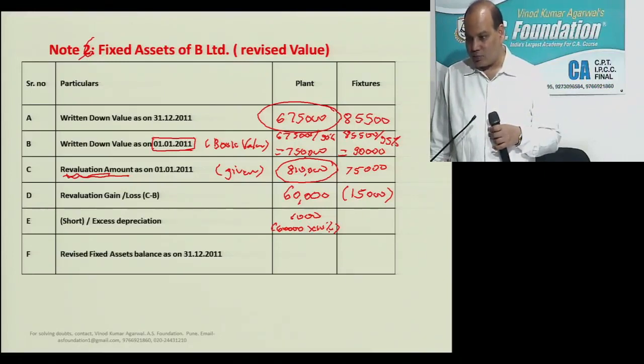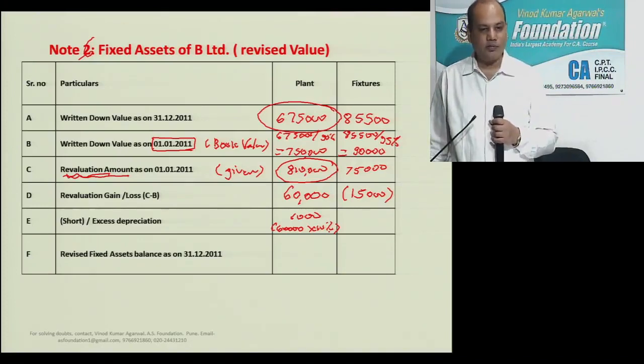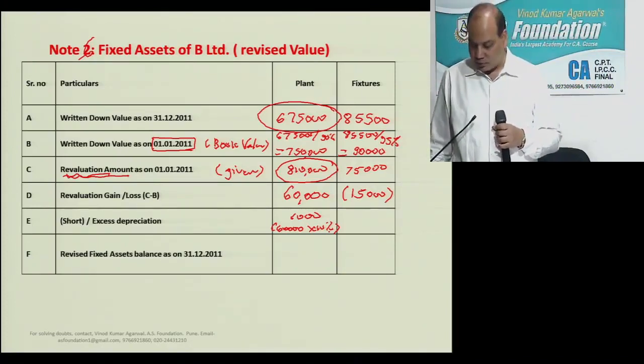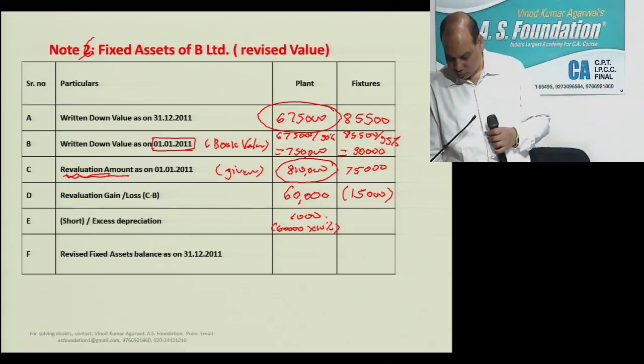Now next column, there is an excess depreciation charge in case of fixture, 5% of 15,000. This word you put in bracket, this you write positive. So write here 5% of 15,000.